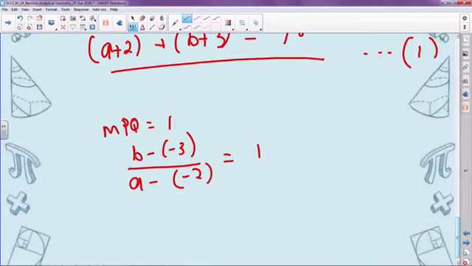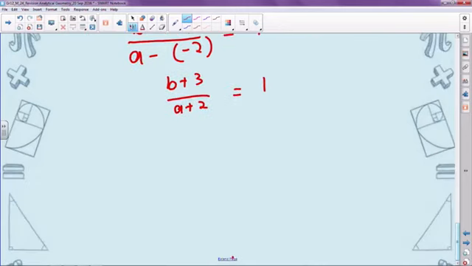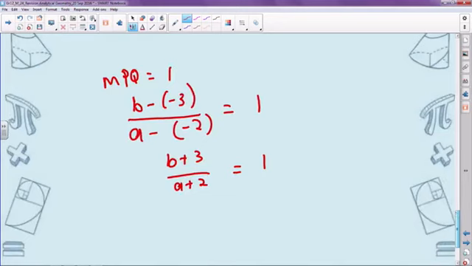And that's equal to a gradient of 1. So we end up with b plus 3 over a plus 2 is equal to 1. And you can see that I got the positive 3 by saying minus 1 times minus 3, and I got the positive 2 by saying minus 1 times minus 2.